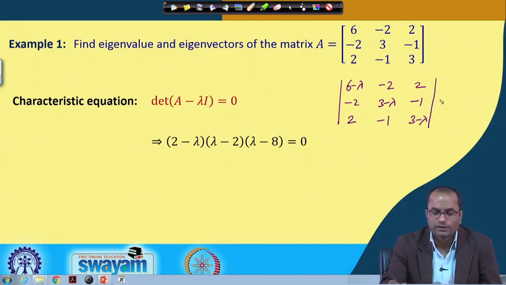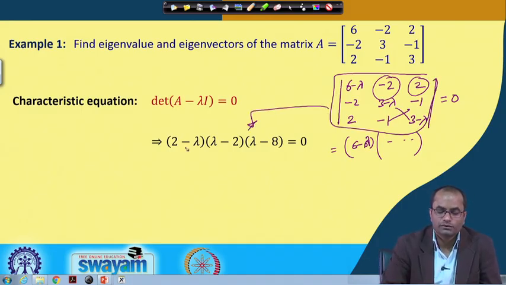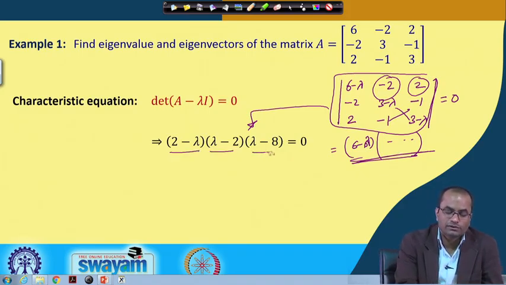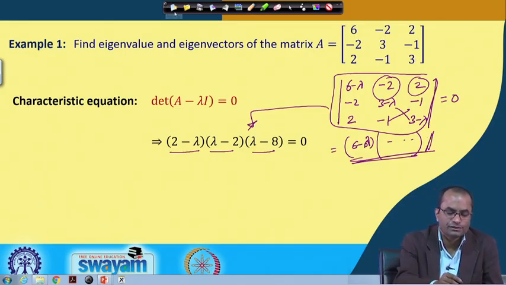So, lambda is subtracted from the diagonal entries, and with this we can now expand it. When we factorize this polynomial, it comes out as 2 minus lambda, lambda minus 2 and lambda minus 8. I skip this portion here, because in this lecture that is not important; we have already seen it for several examples in the last lecture.